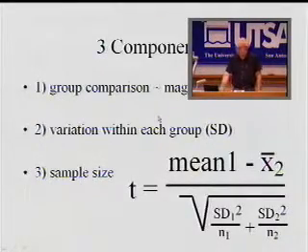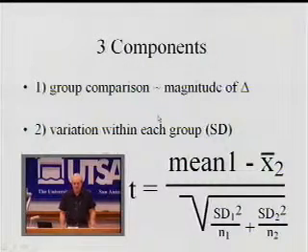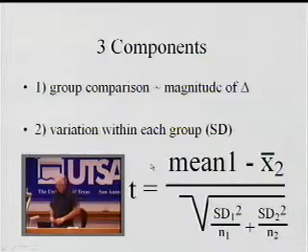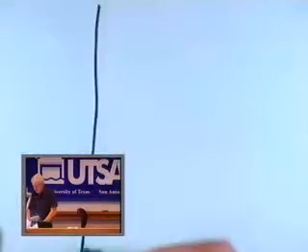So now we see our test statistic includes all of that information. The group comparison, the magnitude of the difference, the effect size, as we'll refer to it later, the variation, the standard deviation, and of course, we know somewhere reflected in that is the sample size. As you increase the sample size, let's go back just quickly to ask ourselves what would happen in collecting the same type of data if we increased the sample size. So we get our axis.